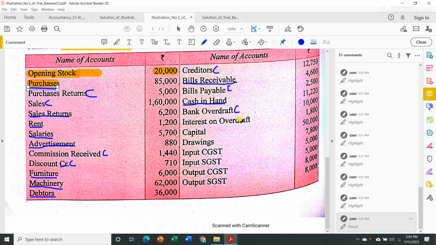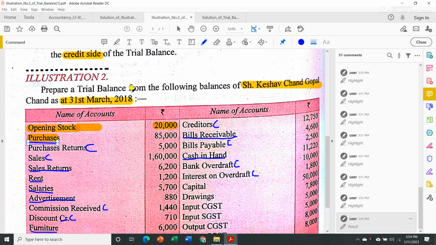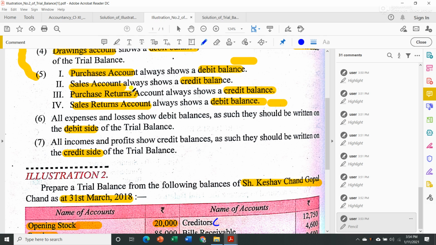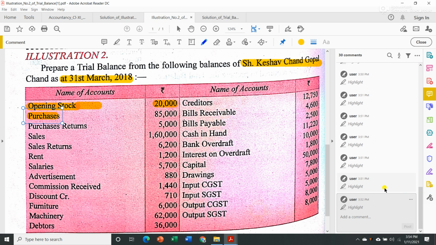Interest on overdraft is also our expense, so credit. Sorry, expenses and losses are debited.